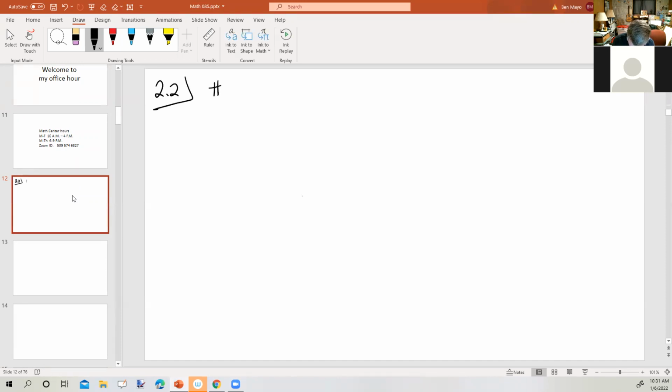All right. Anyway, this is from section 2.2, and we start with problem number 5. The directions say multiply, simplify your answer completely. We have the product of 50 and 4/5 x. 50 is the same thing as 50 over 1, so that 50 is in the numerator.